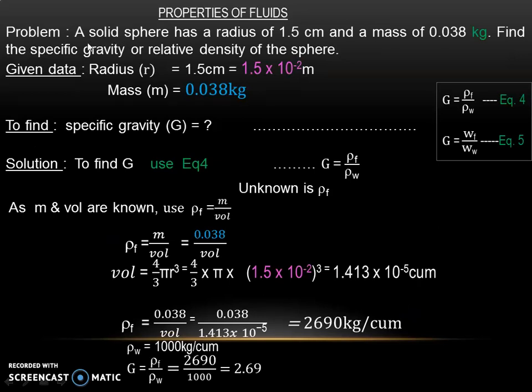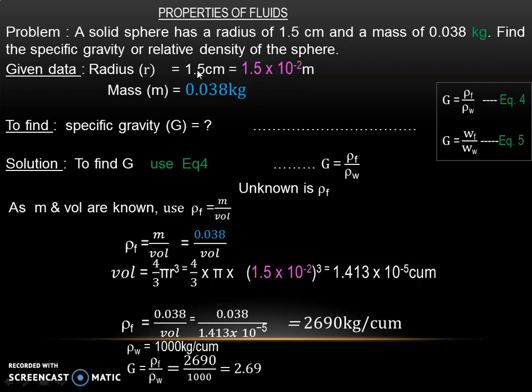Next problem. A solid sphere has a radius of 1.5 cm and a mass of 0.038 kg. Find the specific gravity or relative density of the sphere. To begin with, write all the data given. Which is the first data given?